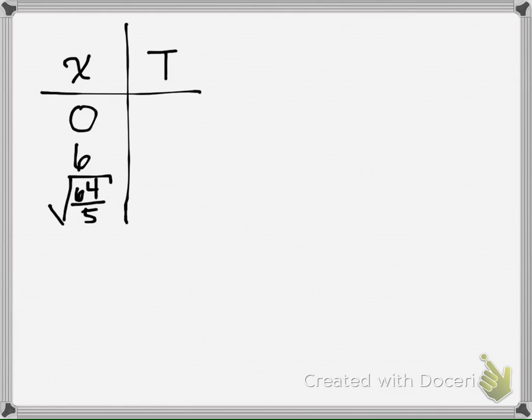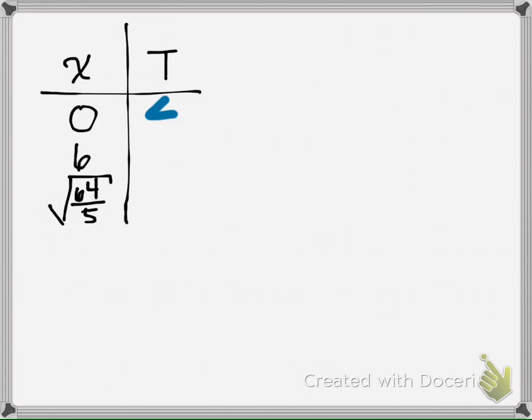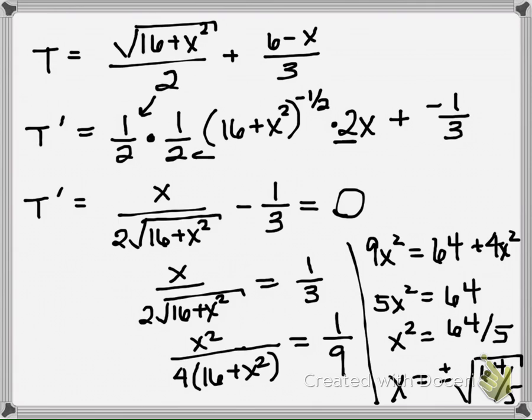All right, looking back at the time function, if x is 0, then over here we would get square root of 16, which is 4 over 2. So we get 2 plus, if x is 0, 6 over 3, which is also 2. So we would get 2 plus 2, which is 4. Likewise, if x was 6, that means she goes straight to the restaurant.